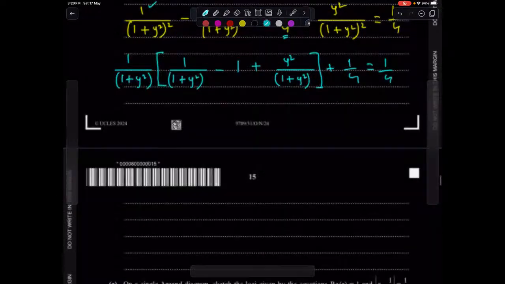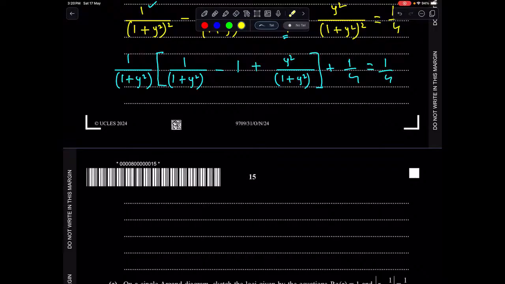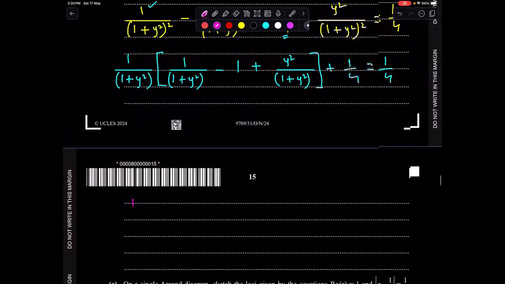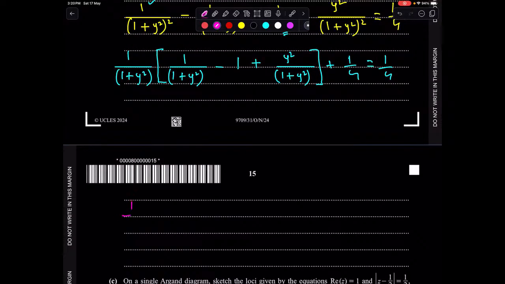Now take the LCM. When you take the LCM of these three, you will get, first copy 1 upon 1 plus y square.